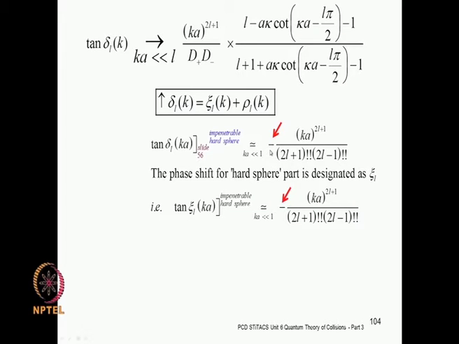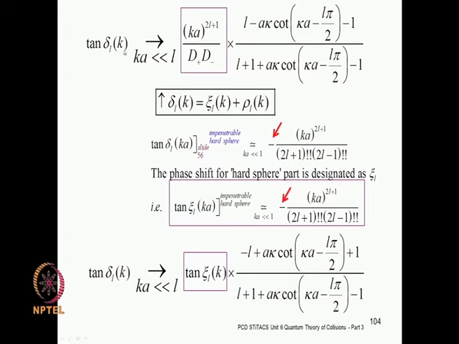So, take care of this minus sign and you can write this phase shift. So, instead of this you can write this tan of xi, because it is the same except for the minus sign, and that minus sign you accommodate in the second term by making this L as minus L. Instead of this minus a kappa cotangent function, I have got a plus a kappa cotangent function, and instead of this minus 1 I have got a plus 1.